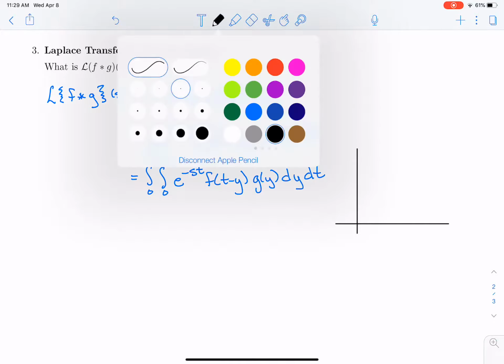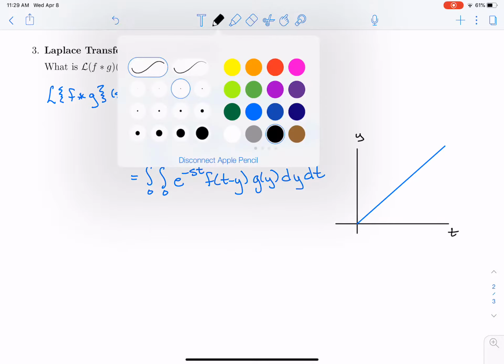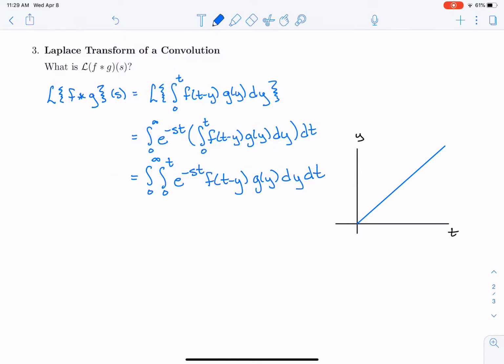Okay, so what we have here is the integral going first dy. So think about this as being the y-axis, and this as being the t-axis. The integral is going first dy, and y is going from 0 to t.